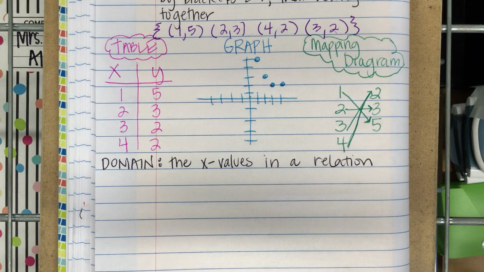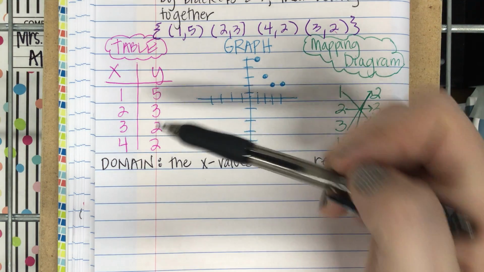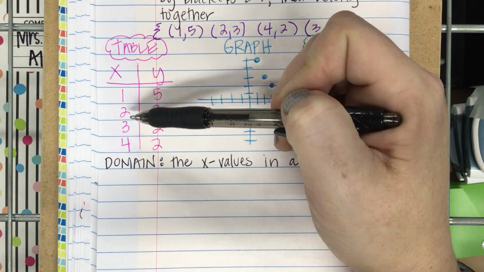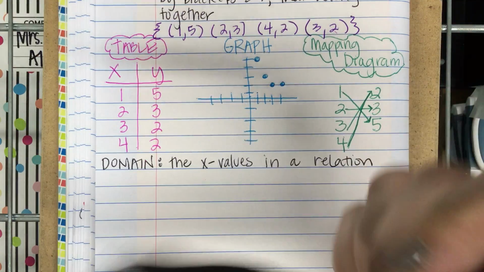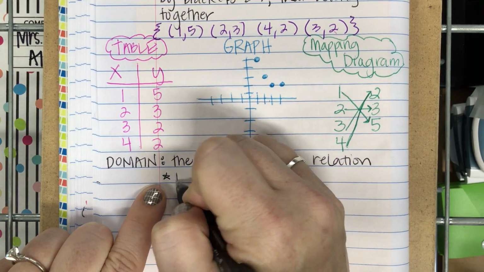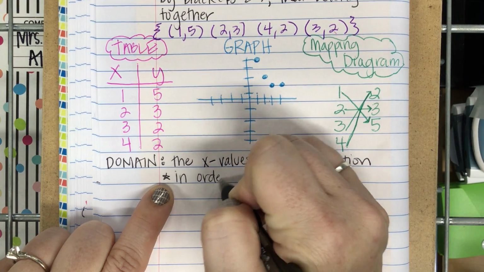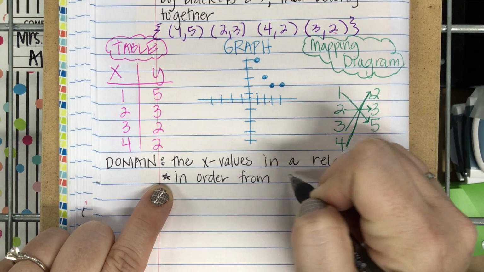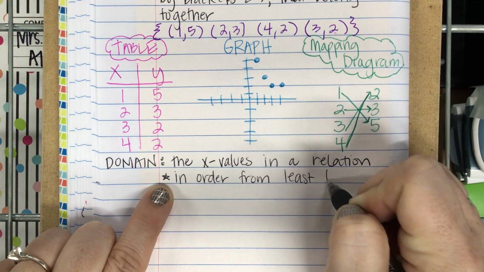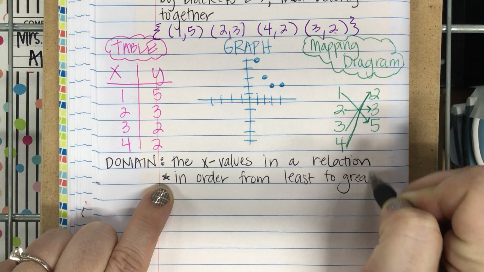It's just the x values. It's a list of the x values. So if I said, what's the domain of this relation? You would say 1, 2, 3, 4. We want to say them in order from least to greatest.